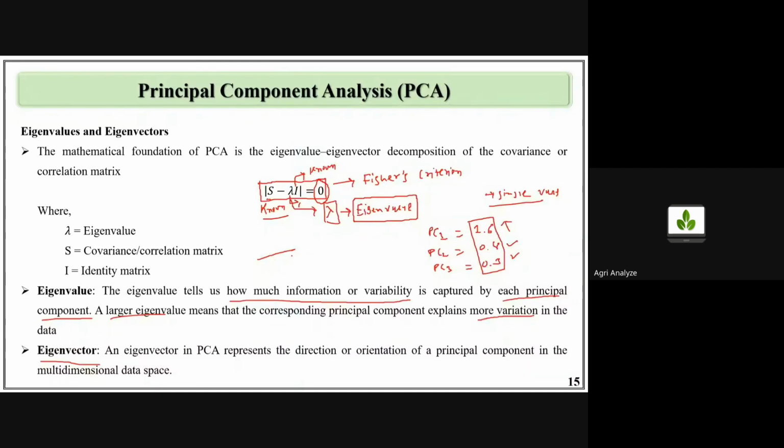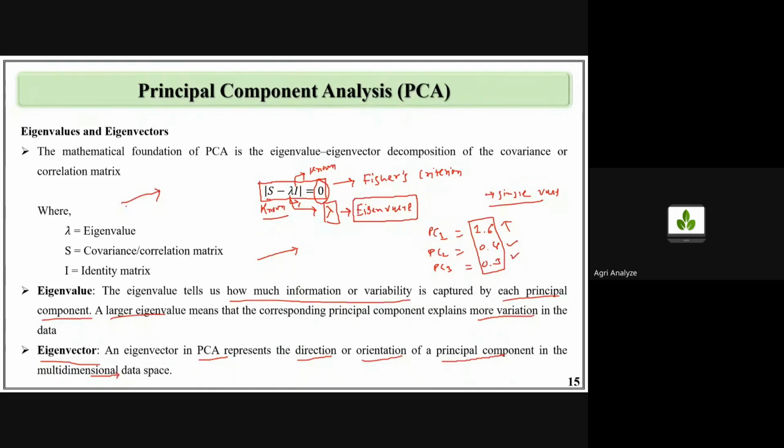Then the eigenvector. The eigenvector explains the direction of our principal component. In PCA, the eigenvector represents the direction or orientation of a principal component in multidimensional space. This is used in biplot analysis, where eigenvectors are useful for finding the direction of a principal component.